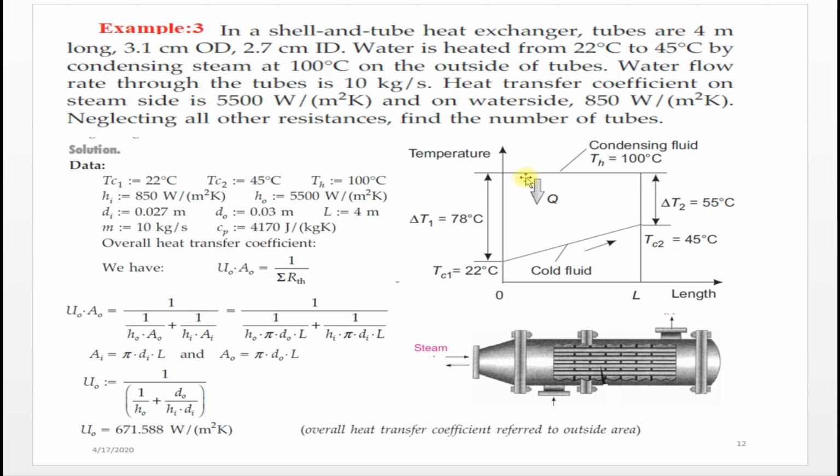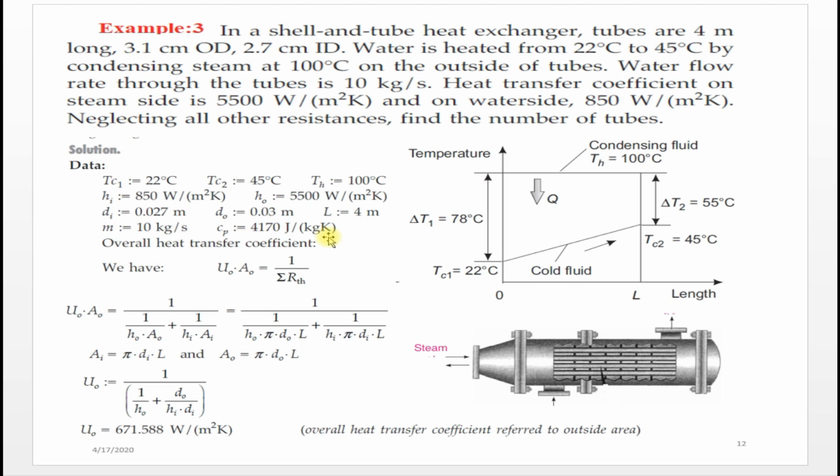Steam is condensing at 100 degrees Celsius in this problem. So di is 0.027 meter, d naught is 0.03 meter, L is 4 meter, mass flow rate 10 kg per second, Cp value 4170 joule per kg Kelvin given.